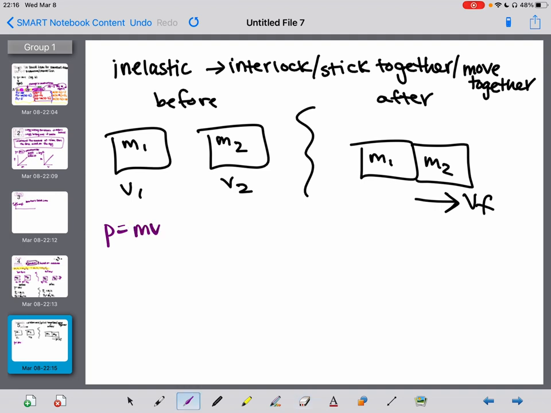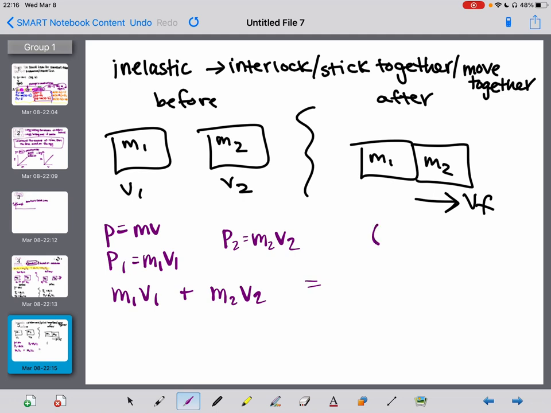For momentum 1, we would have m1v1. For momentum 2, we'd have m2v2. So on this side, I would have m1v1 plus m2v2 equals, and now here our masses are combined, so we use the operation of addition, m1 plus m2, and we multiply by the final velocity since they're moving together. Okay, so keep in mind this is also written as a form of P equals mv. So we would write this down here.